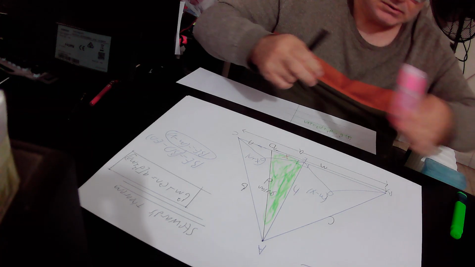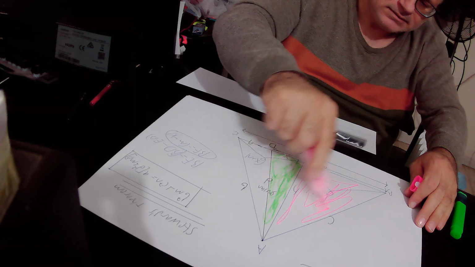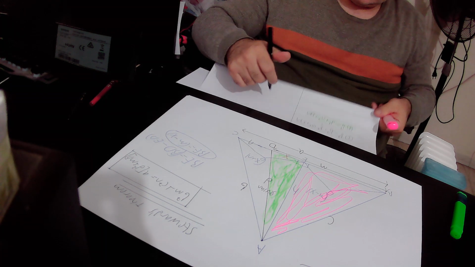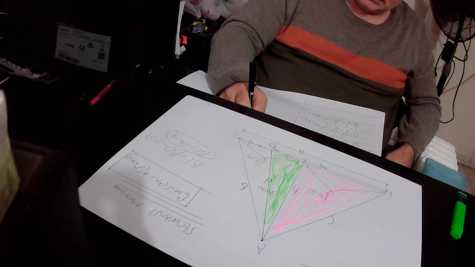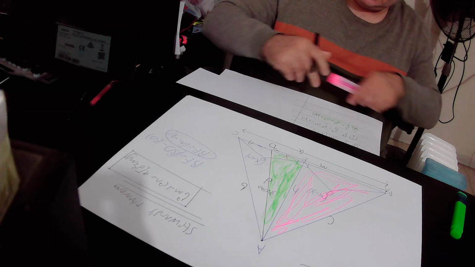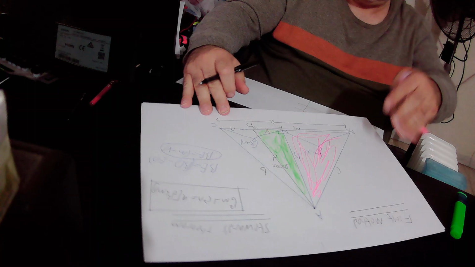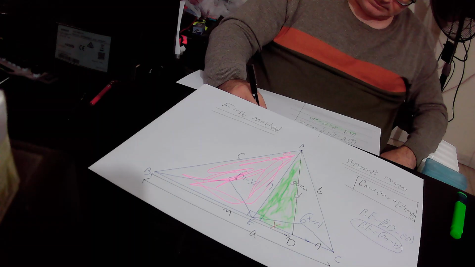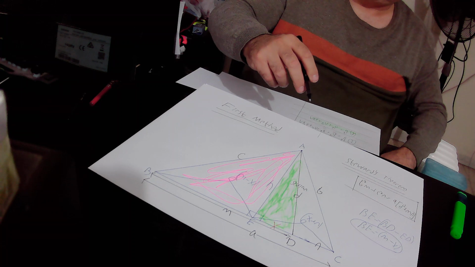By the Pythagoras theorem, the square of the hypotenuse equals the sum of the squares of the perpendicular sides.